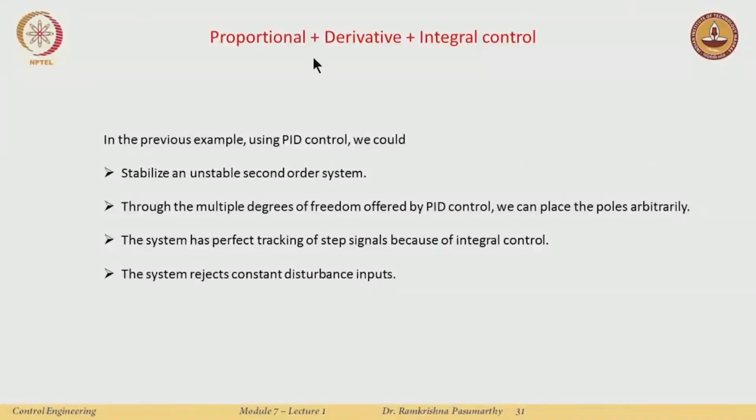Okay. So, just to summarize what we have learned in terms of proportional, derivative and integral control: we could start with an unstable second order system and stabilize it. We could also place the poles arbitrarily, so that given any choice of zeta and omega n or any performance specifications, I could choose my gains Kp and Kd appropriately to achieve those performance objectives.